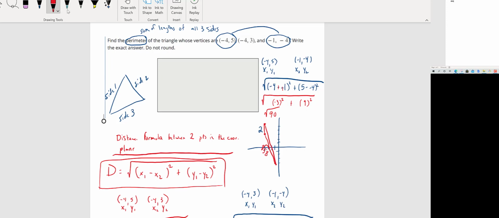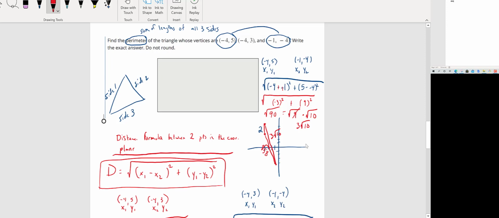Biggest perfect square that goes into 90 is 9, and it goes into 90 10 times. And so this simplifies to 3 radical 10. The way Hawks wants it, it doesn't want a decimal.